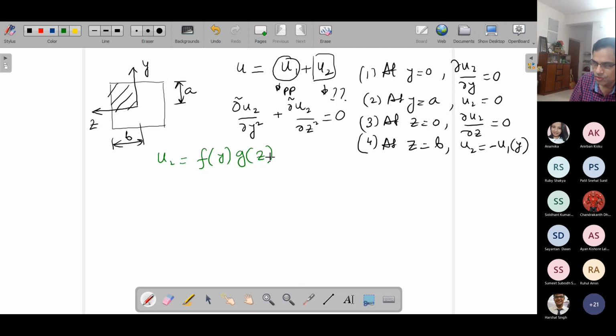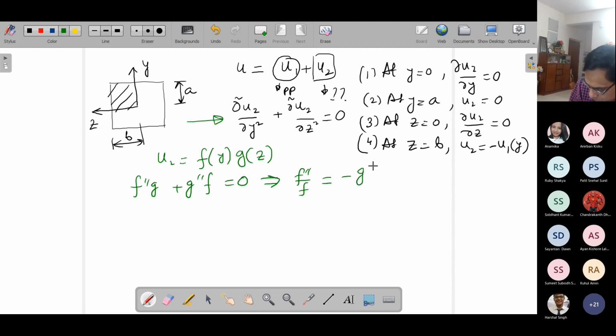So with this, we can write the governing equation as f double dash g plus g double dash f is equal to 0. This means f double dash divided by f is equal to minus g double dash by g is equal to now.